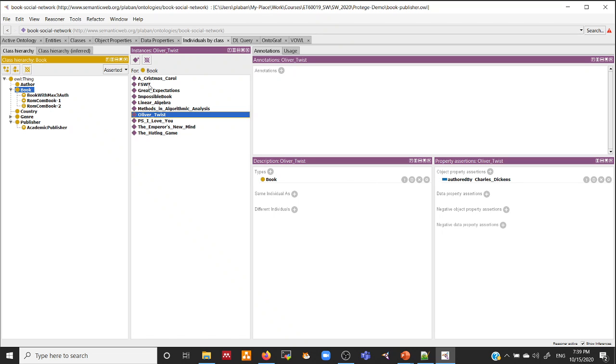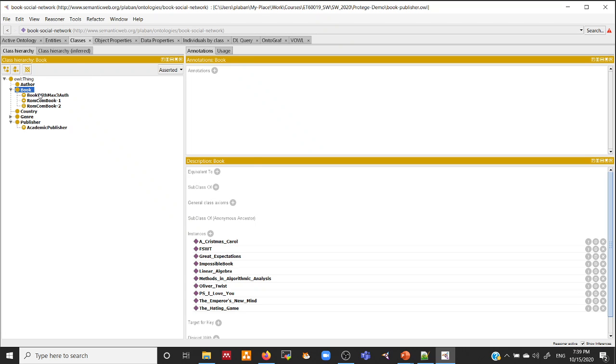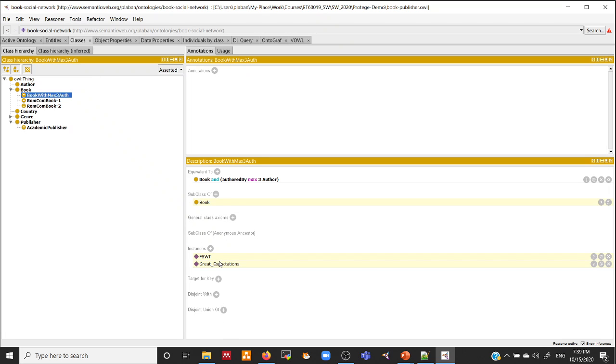That's why FSWT and Great Expectations come as inferred instances of a book with max 3 authors, but Oliver Twist does not. So you can see what role the open world assumption can play, and the ways to circumvent that. You are forcing this system to behave like a closed world assumption, though we are in an open world assumption domain, right?